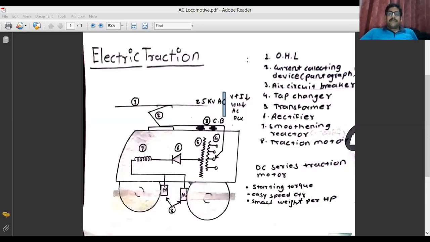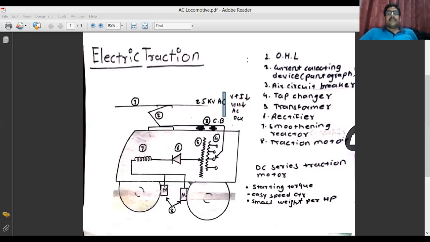For example, you have number 1, that is called OHL, that is overhead transmission line. Your electrical vehicle used in traction purpose can take AC power of a very high voltage.